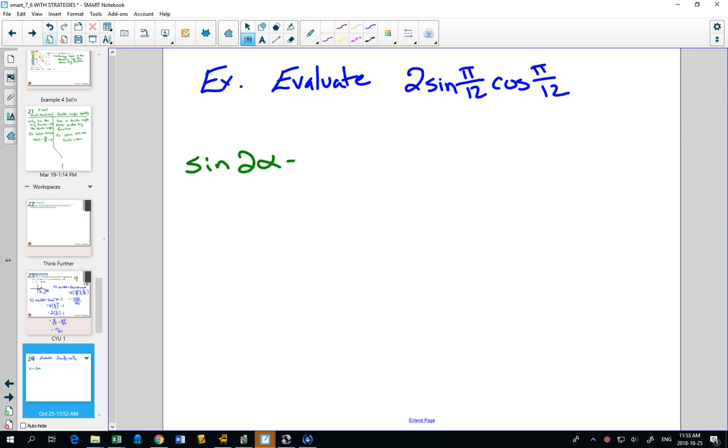On our formula sheet we have that sine 2 alpha is 2 sine alpha cos alpha. And if you recognize that instead of the pi over 12, you're going to save yourself about 17 minutes of work. Because if you do this as a pi over 12 question, it will take about 17 minutes longer than if you do it as a double angle.